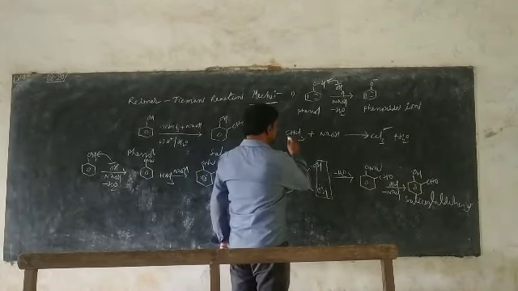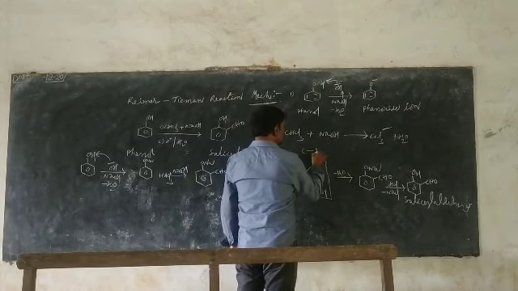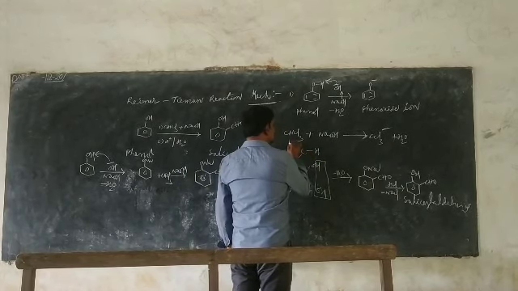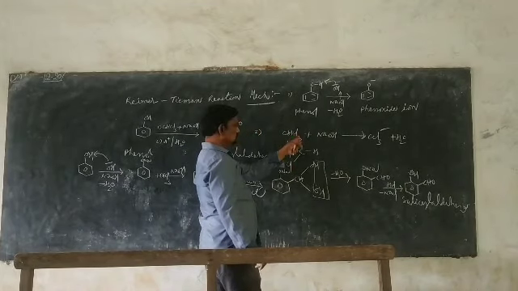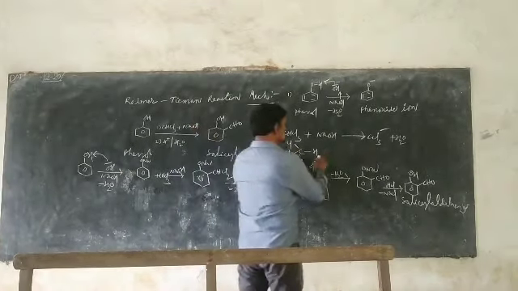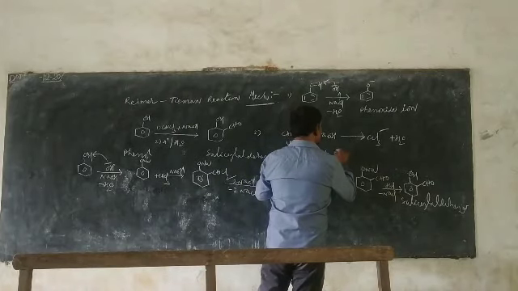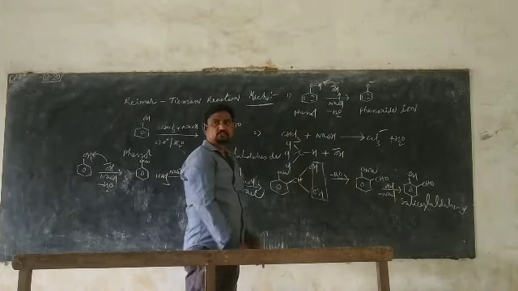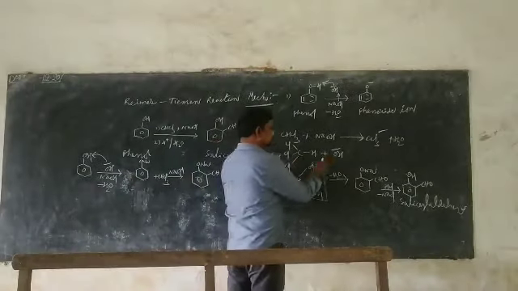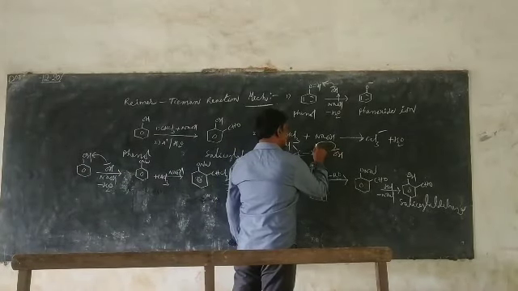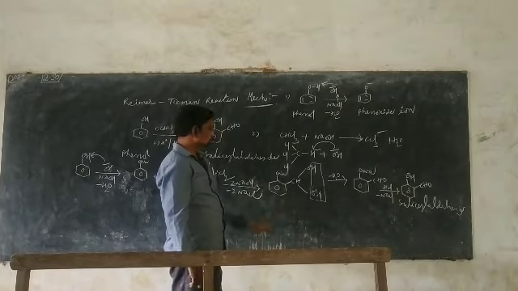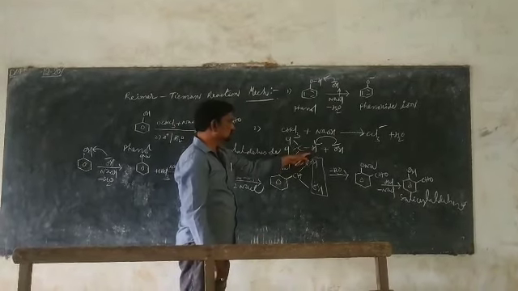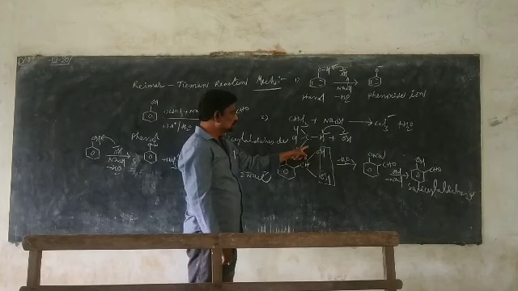Here the hydroxyl group OH minus attacks the proton from the chloroform molecule.